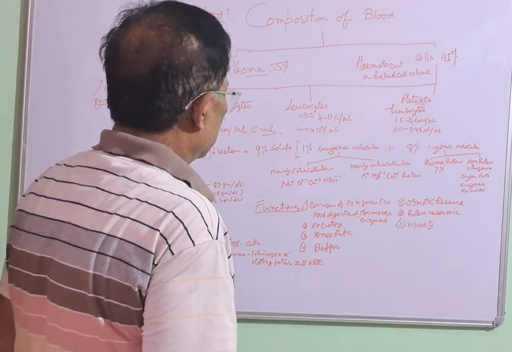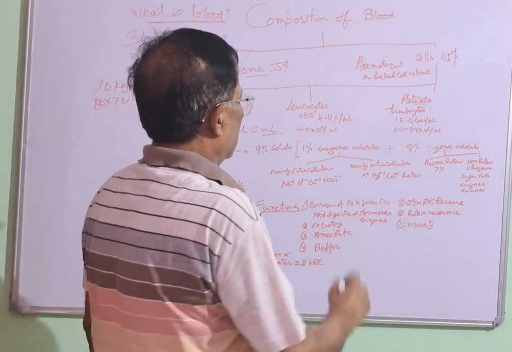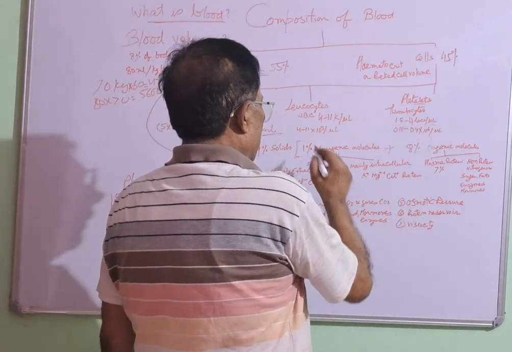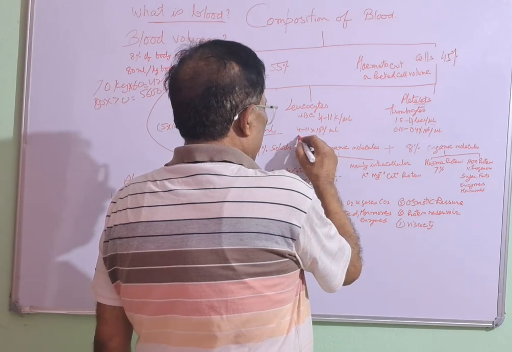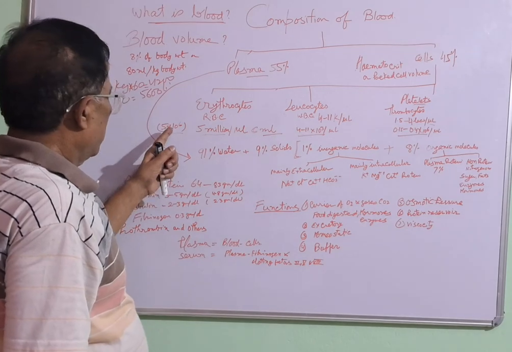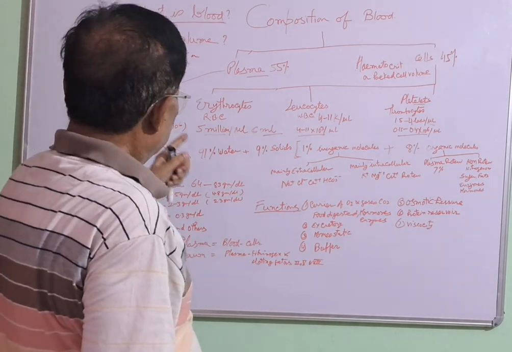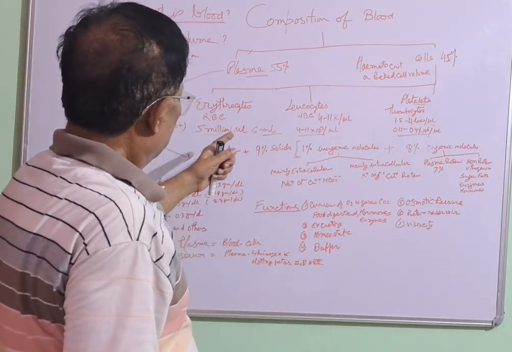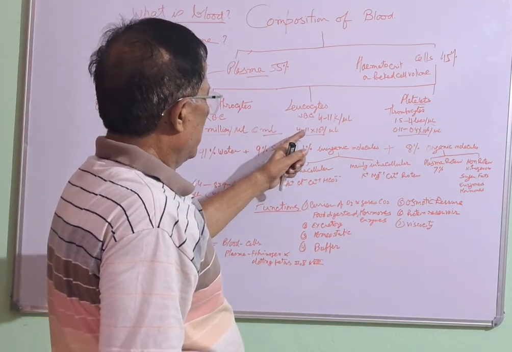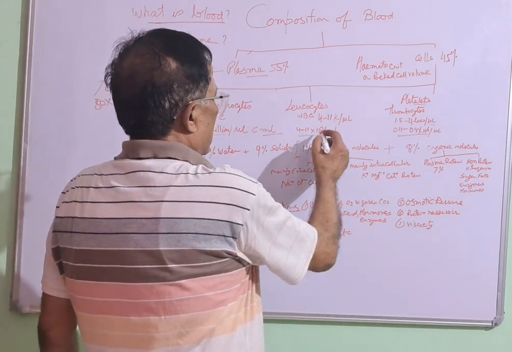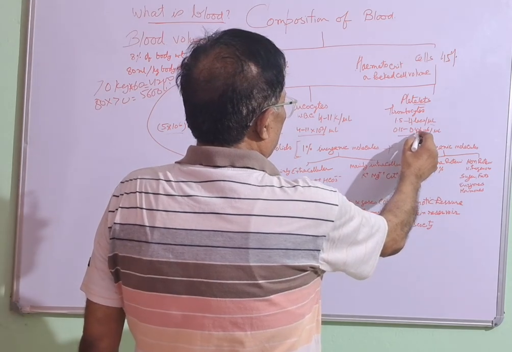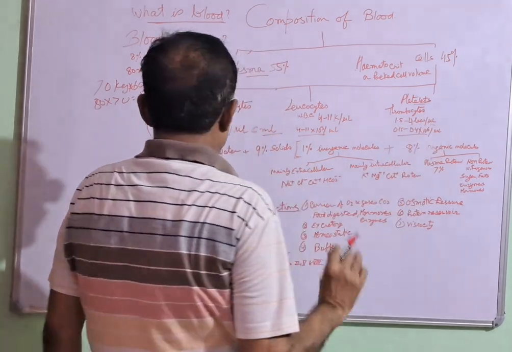WBC is 4 to 11,000 per microliter, and thrombocyte is 1.5 to 4 lakh per cubic millimeter. In other words, nowadays this is written as 5 multiplied by 10 to the power 6 RBC per microliter, 4 to 11 into 10 to the power 3 per microliter, and 0.15 to 0.4 into 10 to the power 6 per microliter.